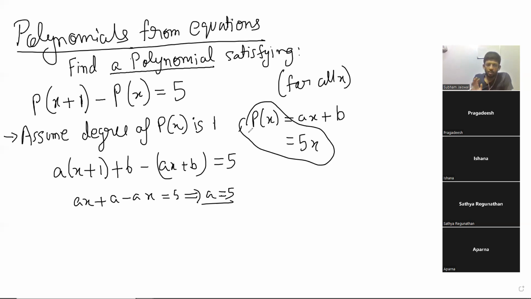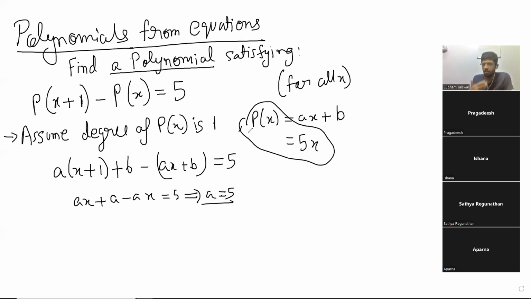So you can just do this question without thinking also, in the sense that just assume it's ax plus b, and find a and b by putting values. In this case the values are not given, but this recurrence is the equation. You are told that the polynomial satisfies some condition, that at x plus 1 and at x, we take the difference and it becomes constant.